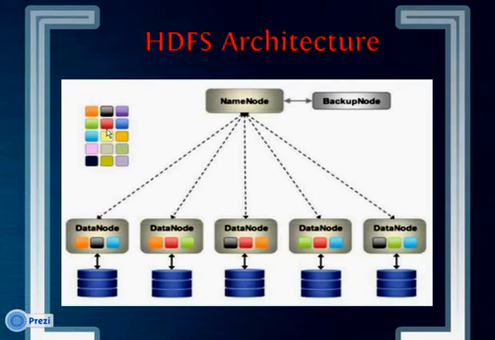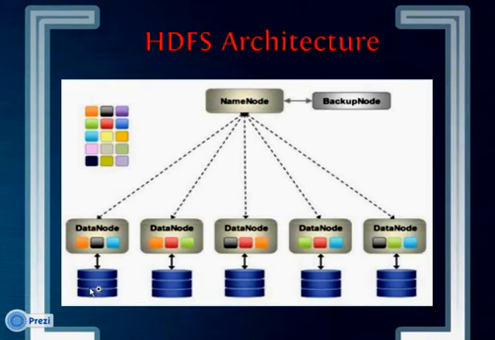You can have a look. 3 blocks have been stored on the first data node. The next 3 blocks have been stored on the second data node. The next 3 blocks have been stored on the next data node. Similarly, every slave machine is participating in the storage. And every slave machine has its own hard drive. This blue drive, you can see this one.